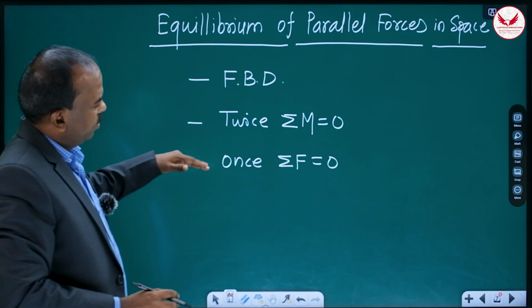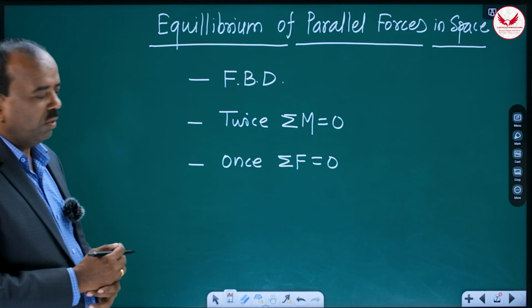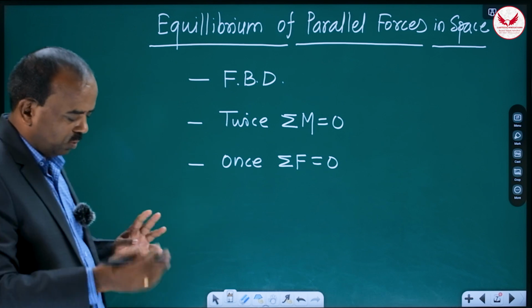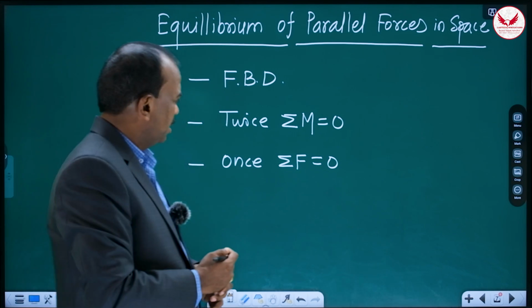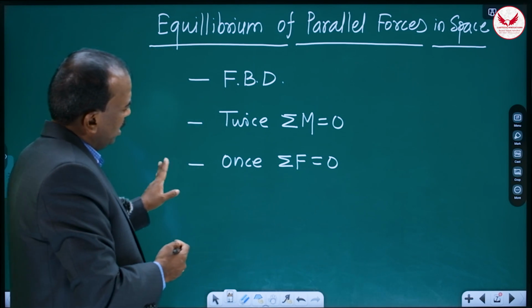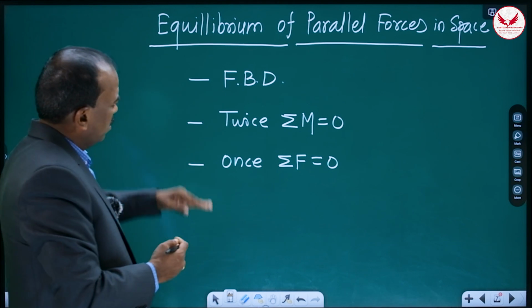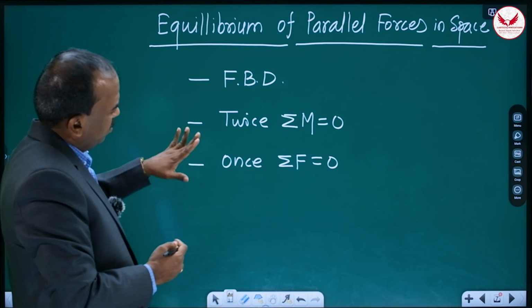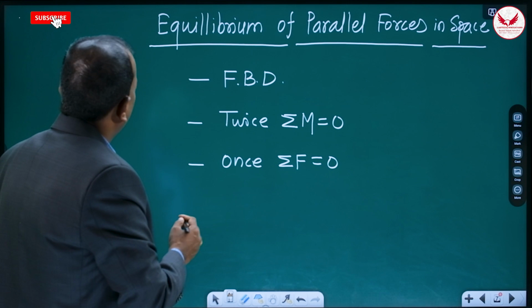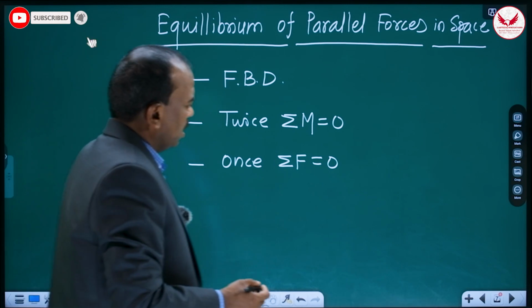Means 2 times we have to use summation M is equal to 0, and in the space forces it will be about some edge or some axis. It is equal to 0, and then later on summation F is equal to 0. If we remember this, then we can solve easily the problems on equilibrium of parallel forces.